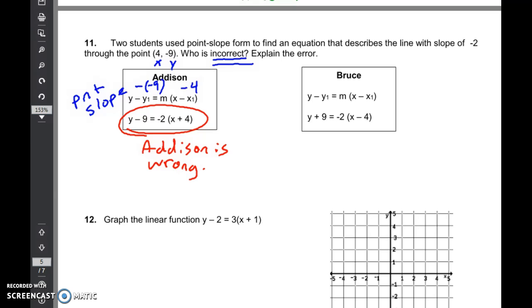Explain the error. I guess we could say Addison replaced the x and y values incorrectly.